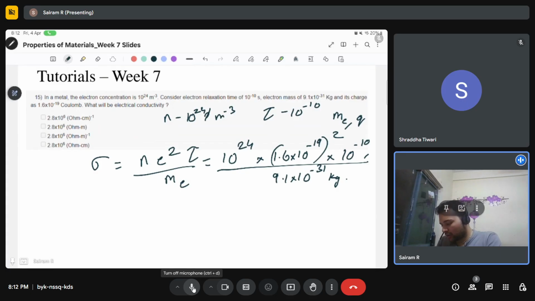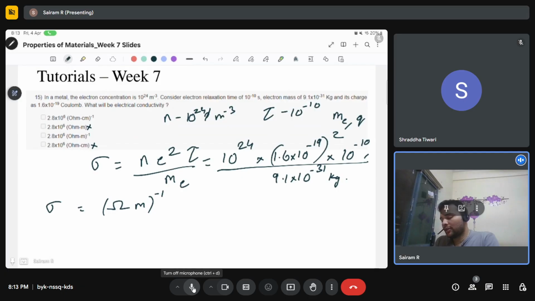Just by looking at the question, even without having to solve any of these things, if we want a simpler way, we know the units for electrical conductivity, which is ohm meter inverse. So wherever there is no inverse sign, ohm meter and ohm centimeter, we can automatically reject these two values straight away. The next thing is ohm centimeter inverse and ohm meter inverse.